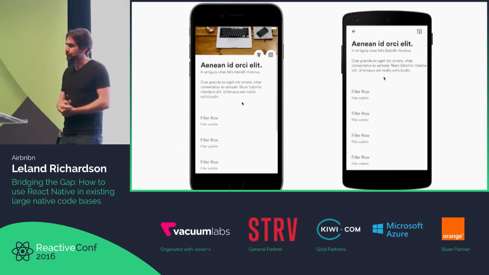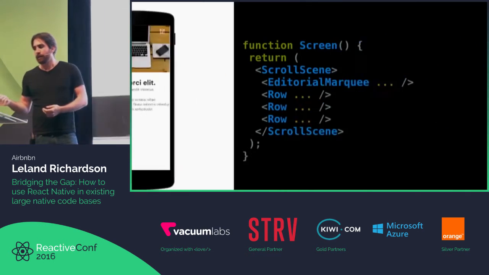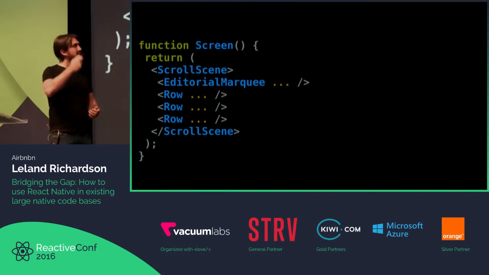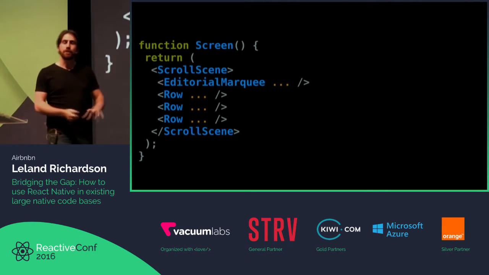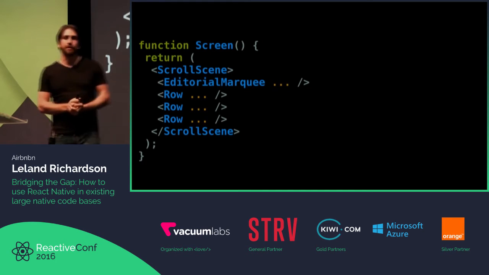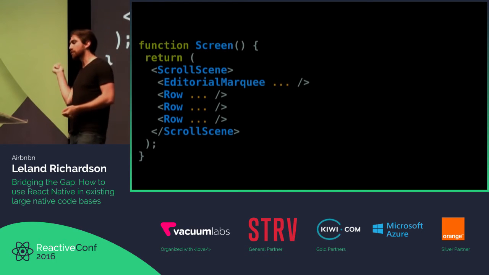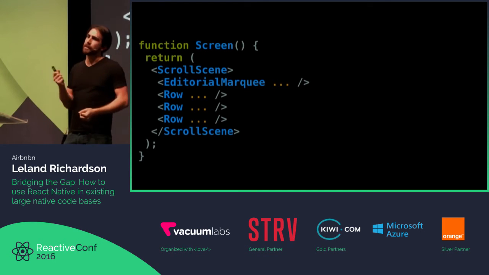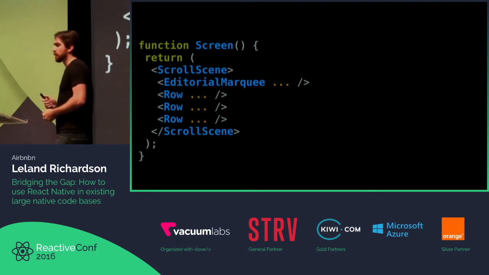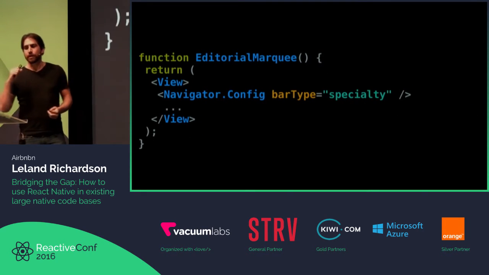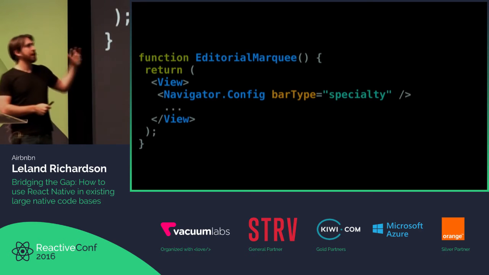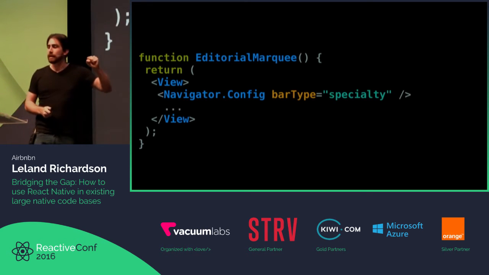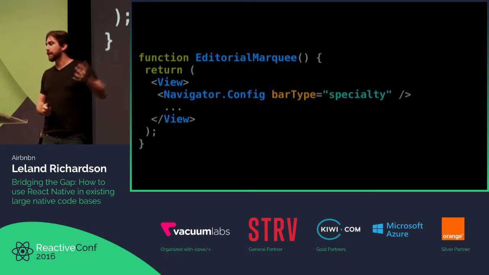And this is kind of an example of this, a trimmed down version of what that screen would kind of look like in terms of our components here. You can see we have this scroll scene component and this editorial marquee component, which are kind of the special components here. That editorial marquee had been rendered in a way where it had this navigator.config set, and that configured the nav bar.